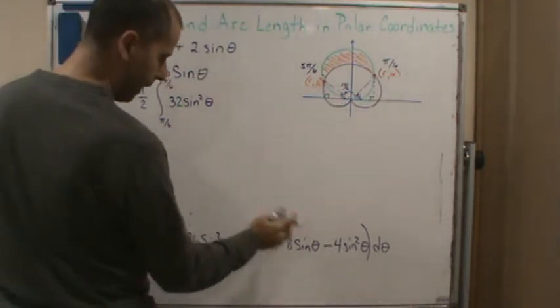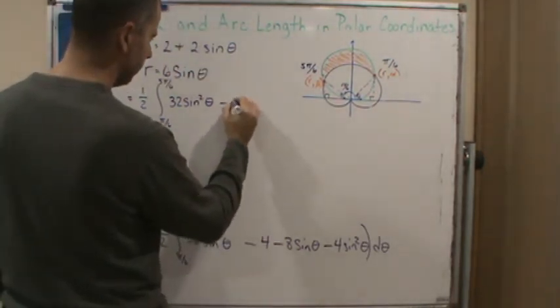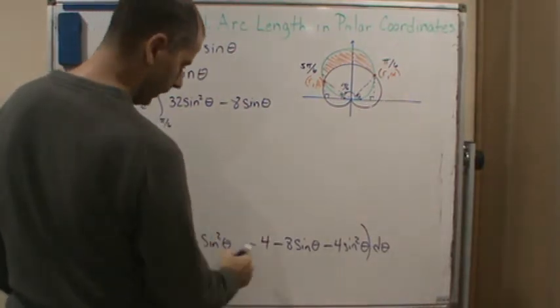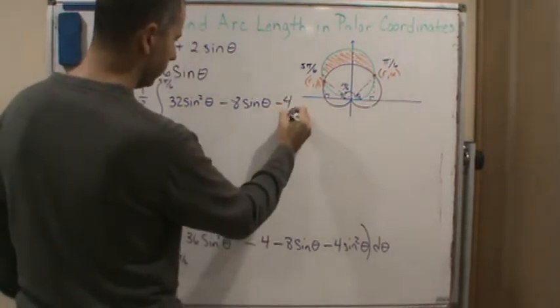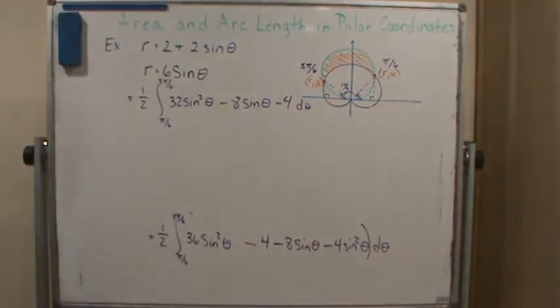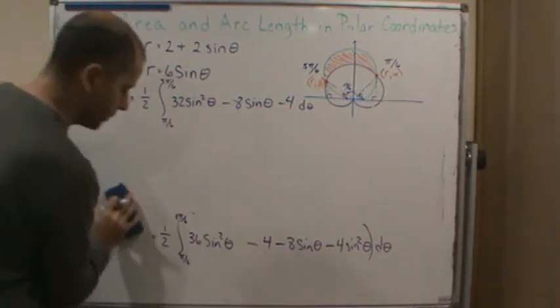And then I'm going to get a minus 8 sine theta. And minus 4 d theta. Okay, so all I did was combine like terms.